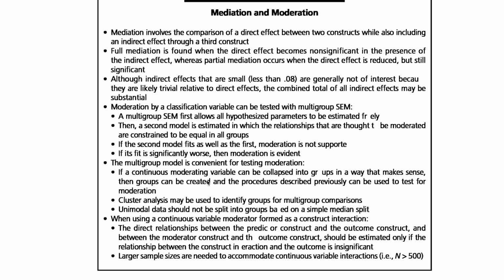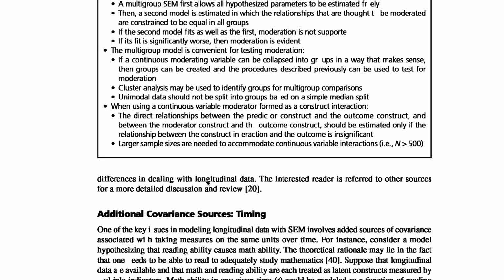The direct relationship between the predictor construct and the outcome construct, and between the moderator construct and the outcome construct, should be estimated only if the relationship between the construct interaction and the outcome is significant. Large sample sizes are needed to accommodate the continuous variable interaction.